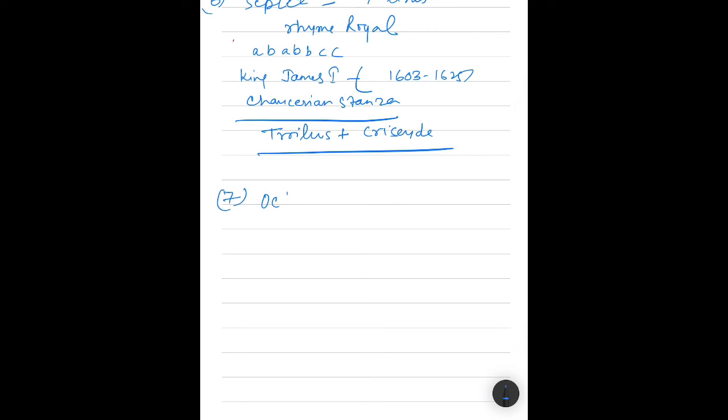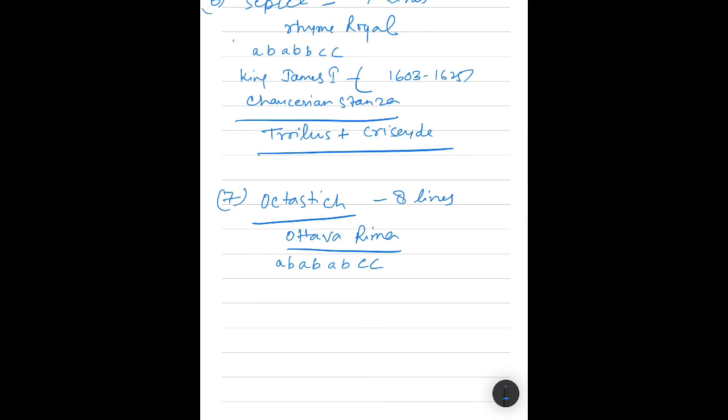Next is Octostitch, just as Pentastich. Similarly, Octostitch is a stanza of 8 lines. And I'll also tell you here in this context, Ottava Rima. Ottava Rima is an 8-line iambic pentameter stanza having the rhyme A B A B A B C C.